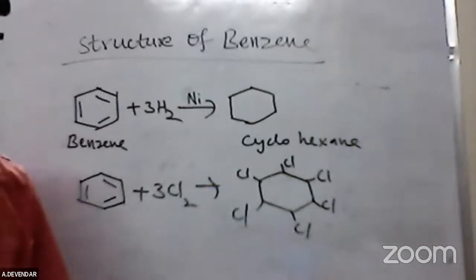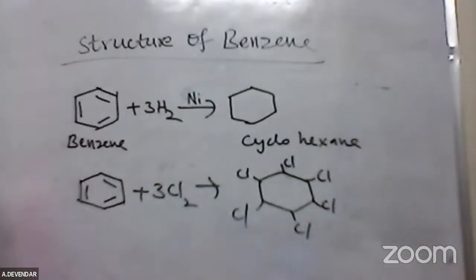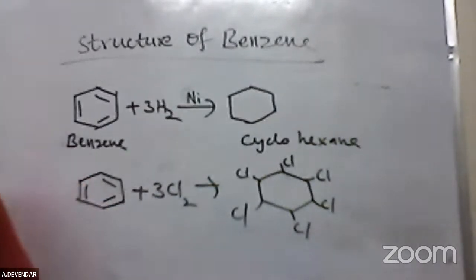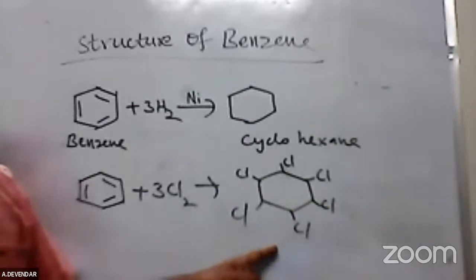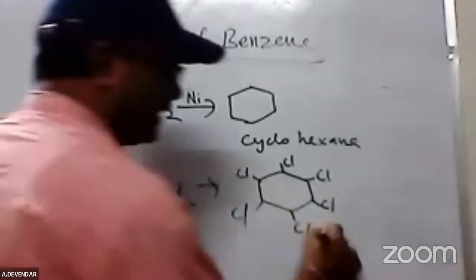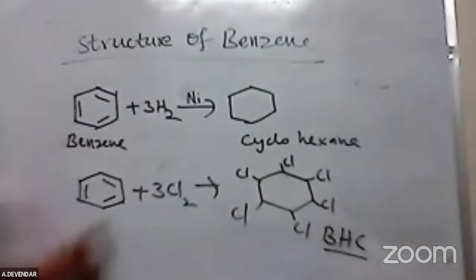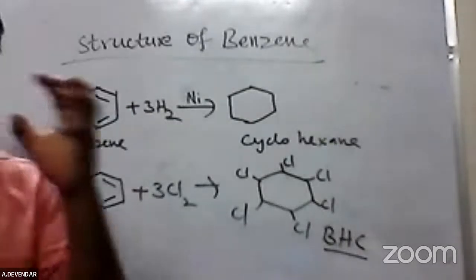This is benzene hexachloride, which is the gammexane powder, BHC. Benzene hexachloride, BHC, it is called. And 3 molecules each time. That means 3 seems a very important number.